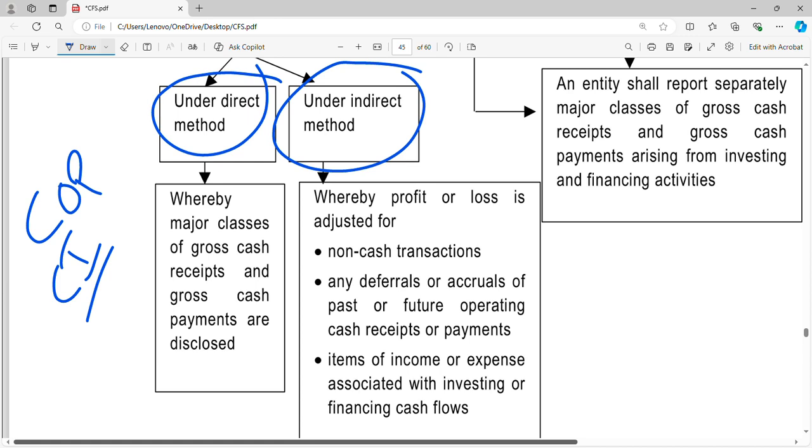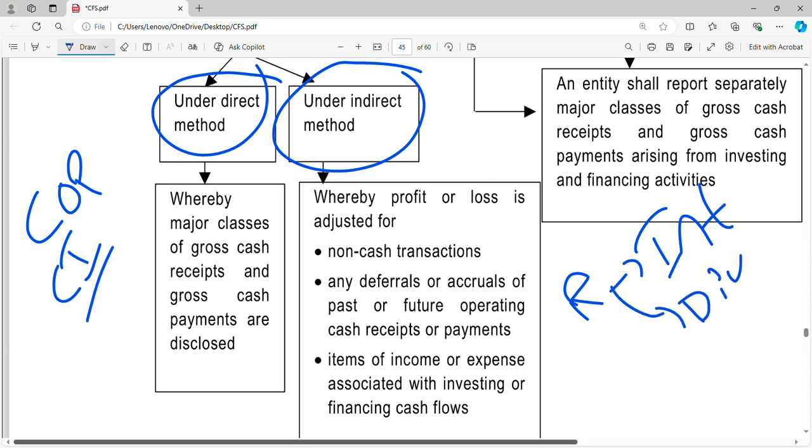Or if you are receiving any interest or dividends, then it will also come under the investing activity. Now if you are paying any income tax relating to assets, or if you are selling any immovable property, then it may raise a capital gain. That type of capital gain will come under the head of investing activity; it does not come under the operating activity.